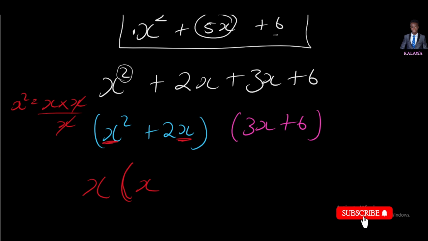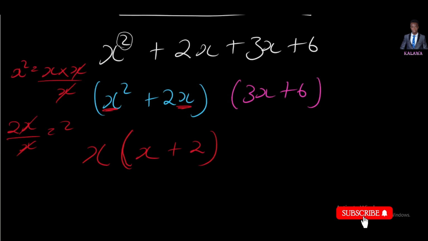Now, for this second aspect, if we take x out here, what will remain is 2. This is simple. Let's say we have 2x, and then we divide it by x. So if we cancel, what will remain is 2. So it's going to be plus 2. This one is clear. So we go again for the second aspect. Now we can see that we only have x in the first term, but no x in the other term.